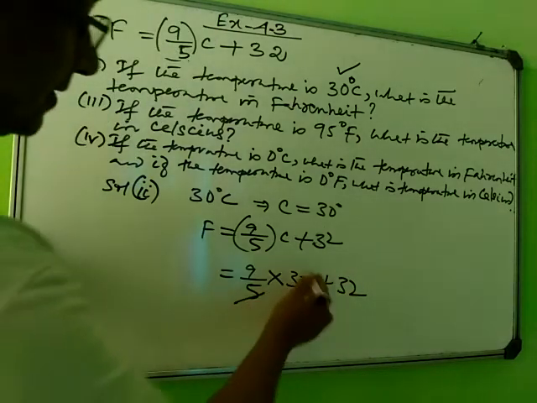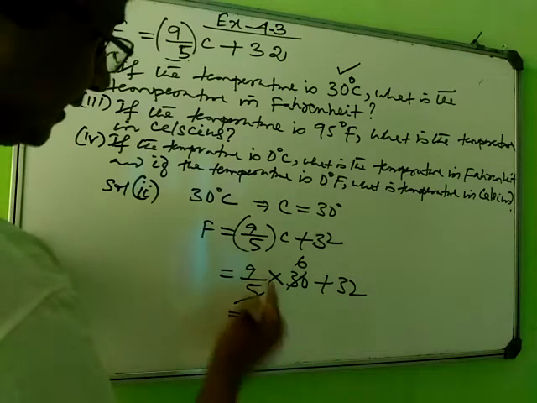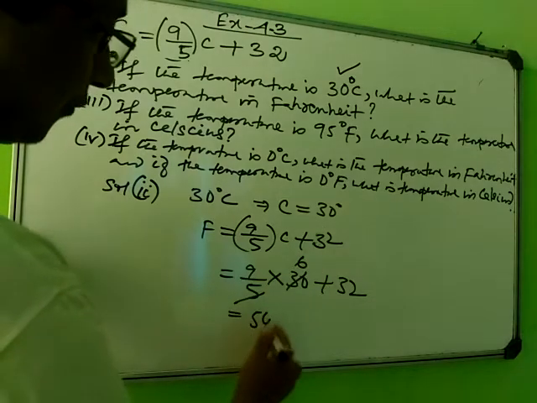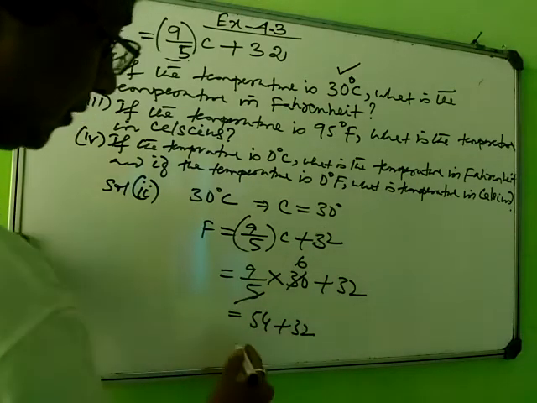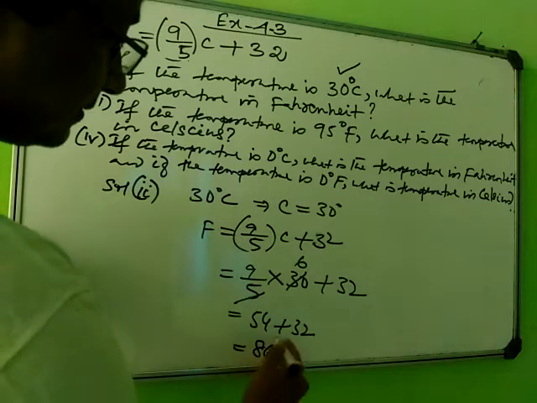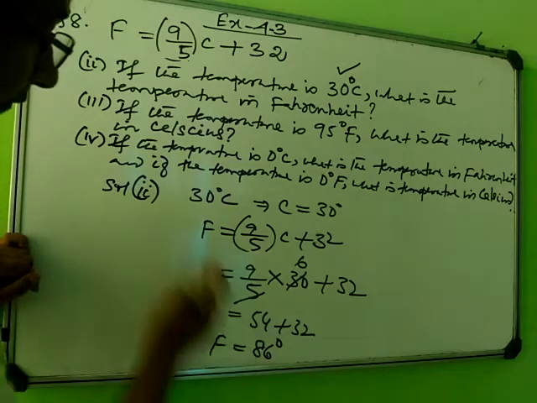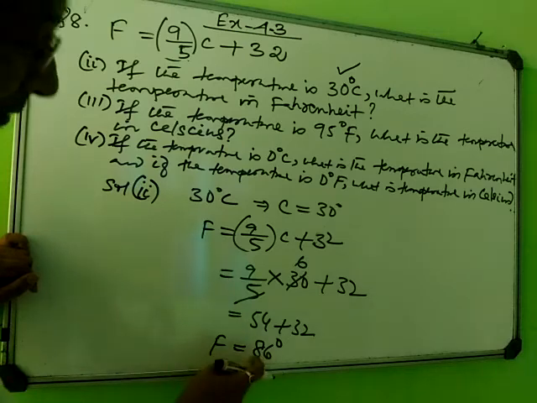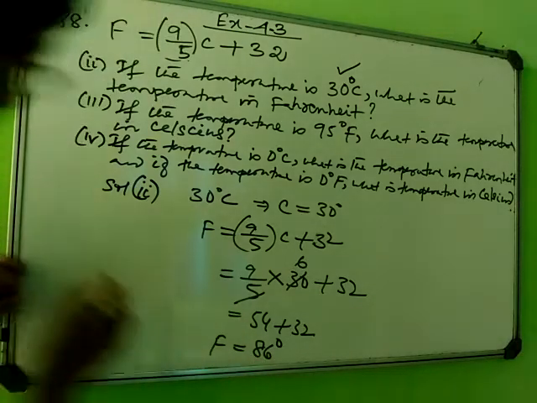So 9 sixes are 54, plus 32, you have got 86 degrees. That means Fahrenheit is 86 degrees.